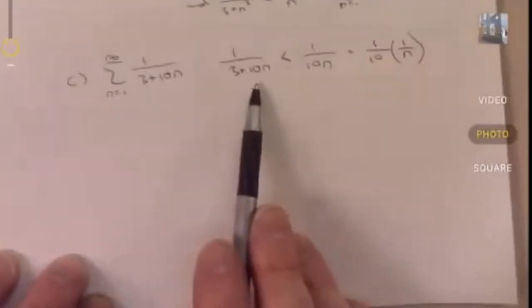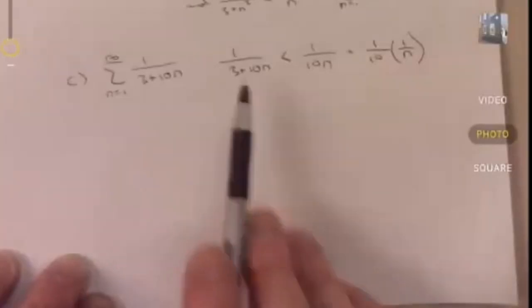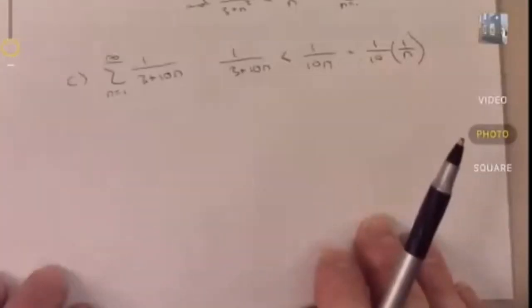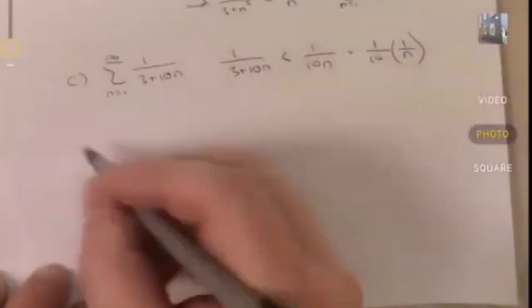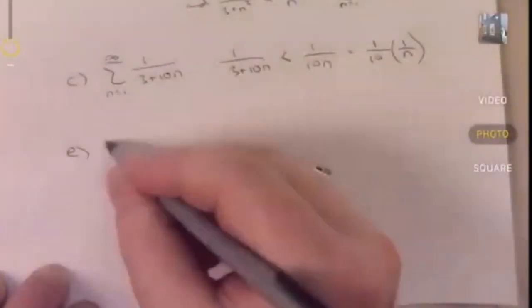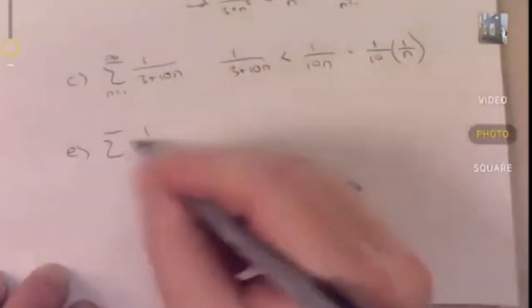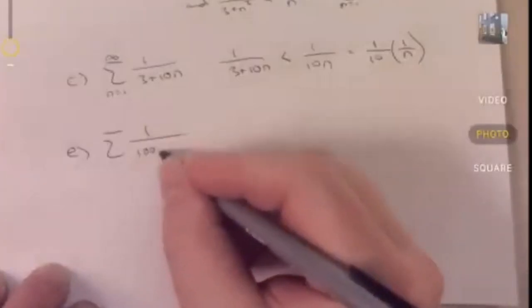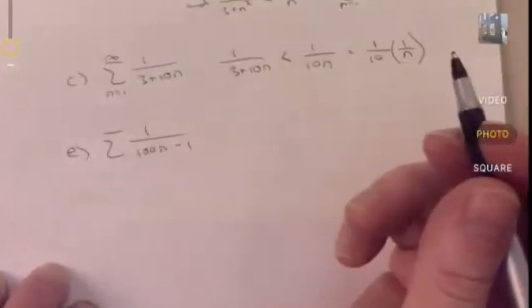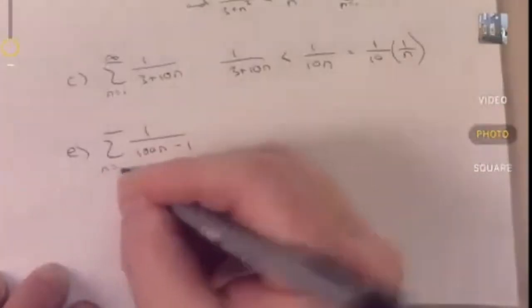Maybe they're small enough to give us a convergent series. Maybe they're not. We don't know. So we're going to have to come back to this one a little bit as well. However, series E suits us very nicely. Series E looks very much like, again, the harmonic series, or it looks like 1/100th of the harmonic series.